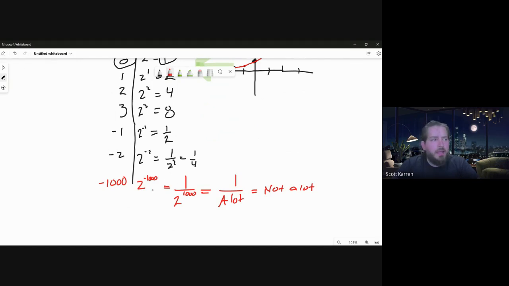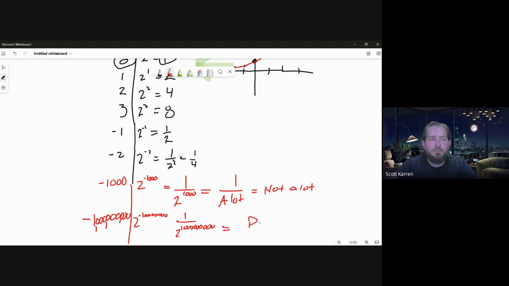And it doesn't matter how big this number gets in the negative, -1 million, or -1 trillion. That's still going to be 2 to the -1 trillion, which is 1 over 2 to the 1 trillion. It doesn't really matter.